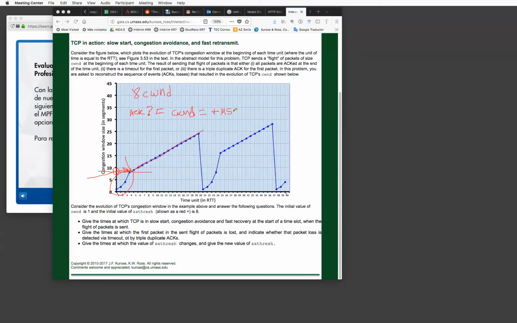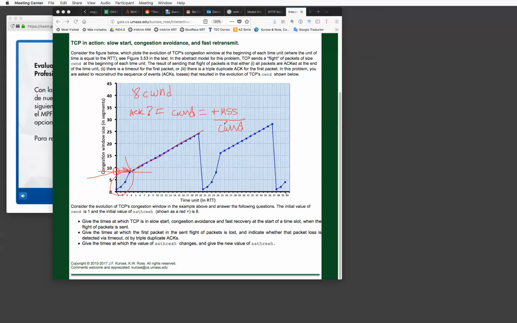Well, you can't do that unless you're told what MSS is. What that means to most of us, though, is you grow by 1 packet. But once you hit the SS threshold, the way you grow linearly is by growing instead by MSS over the original congestion window.